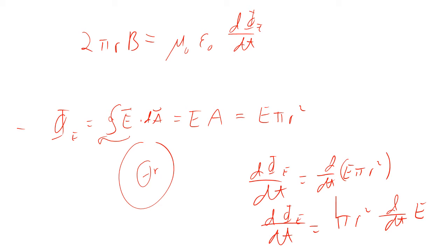So now we plug that back in. We have 2 pi r B equals mu naught times epsilon naught times pi r squared dE/dt.